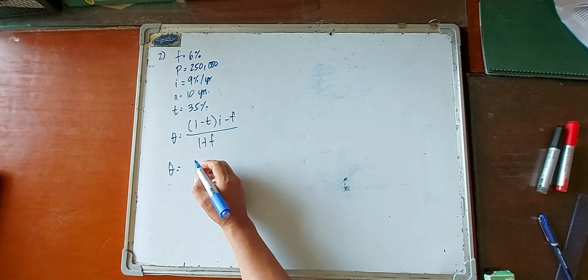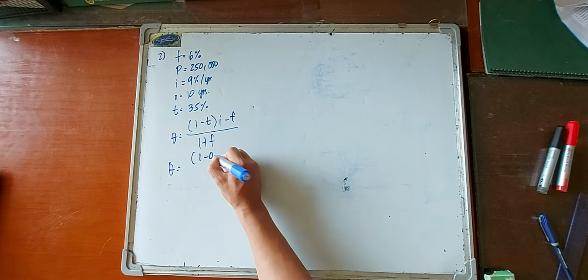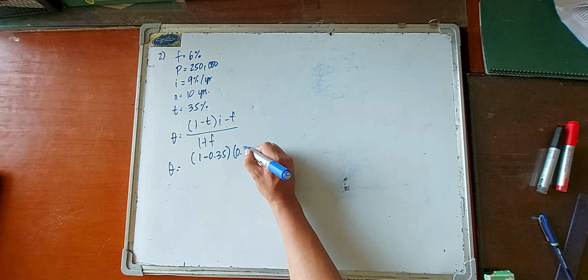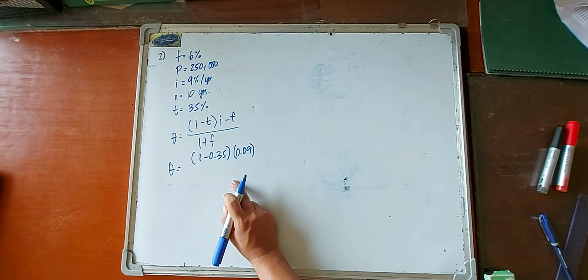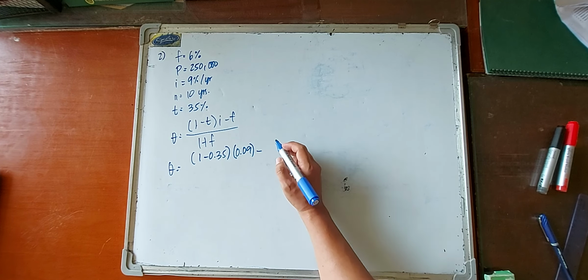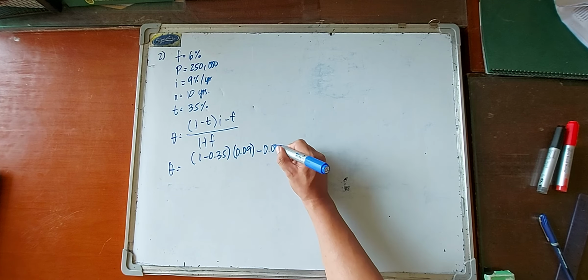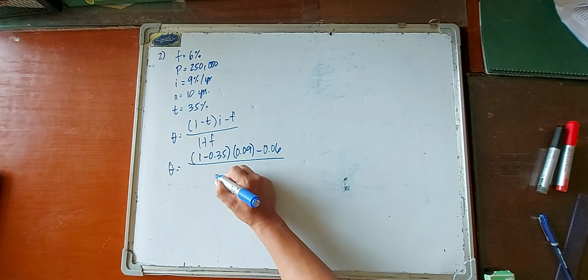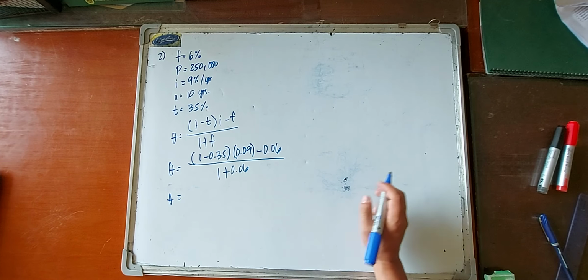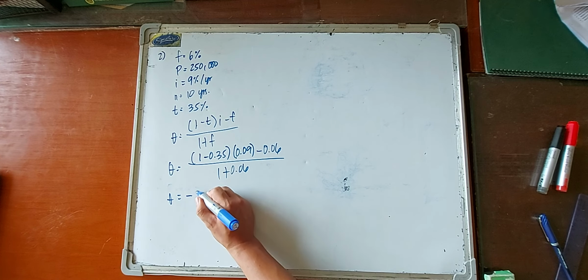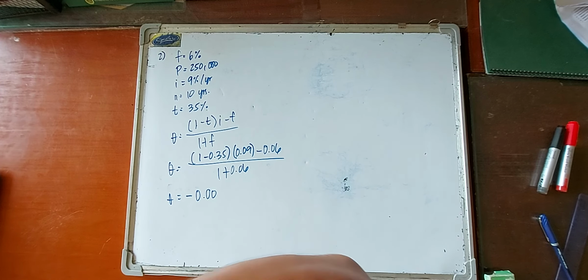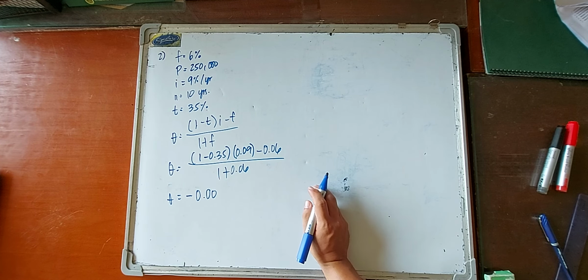So we have 1 minus 0.35 or 35% yung tax, times 9% yung interest ng investment natin or ng person involved, minus 0.06 yung inflation, divided by 1 plus the inflation rate. So the composite interest rate is equal to negative. So ibig sabihin kapag negative ito, automatic the investment or the purchasing power of the investment is not protected.